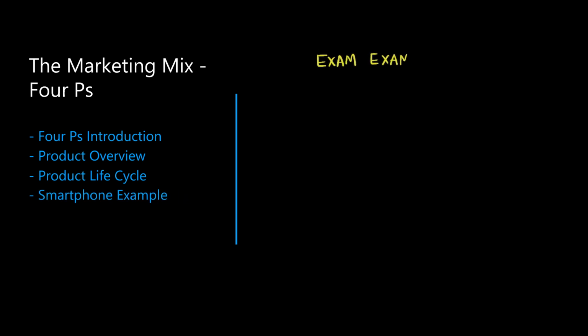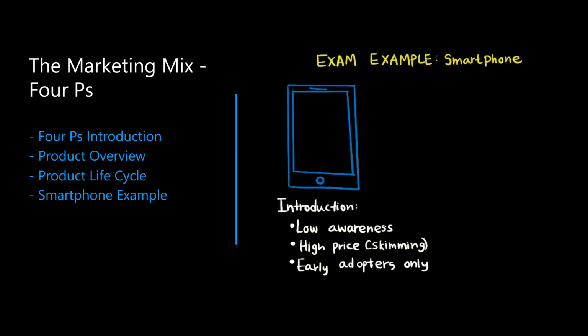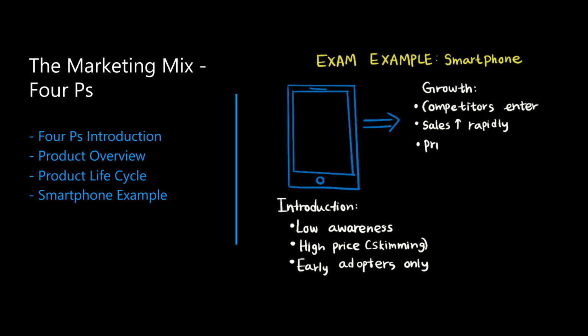Let me give you a detailed example that could easily show up on your exam. Consider a new smartphone launch. During introduction, sales are low because people don't know about it yet. The company might price it high using a skimming strategy to recover development costs from early adopters. During growth, competitors enter the market, sales increase rapidly, and the company might lower prices slightly to capture more market share.